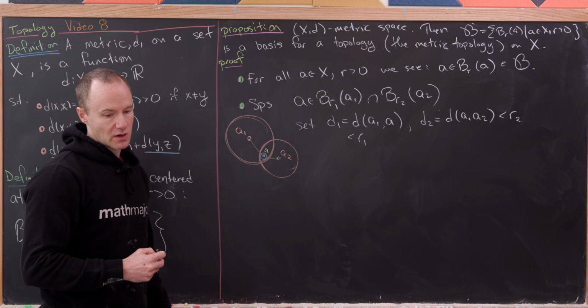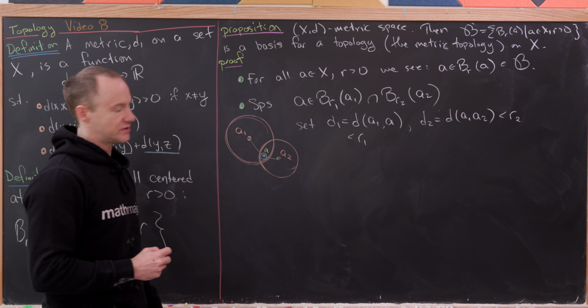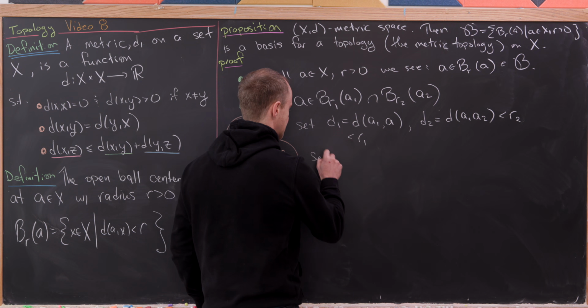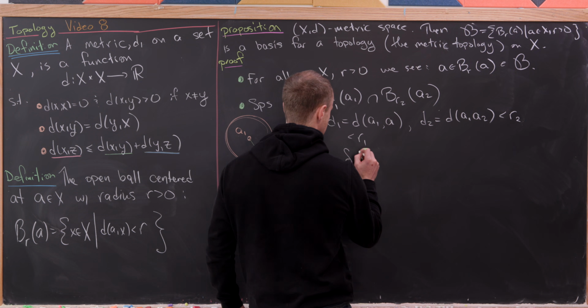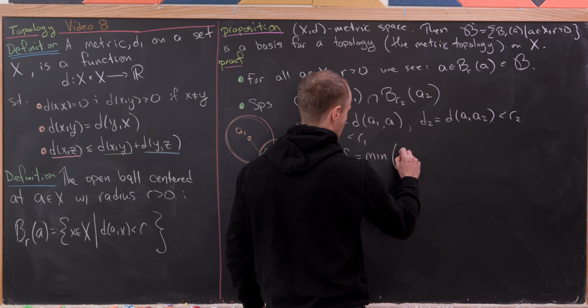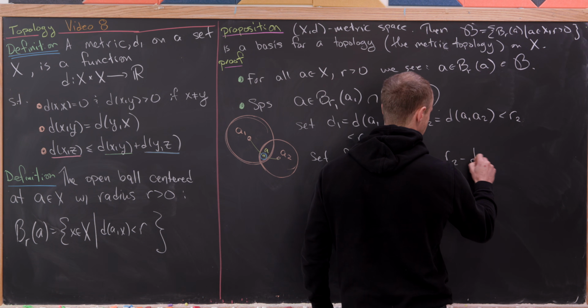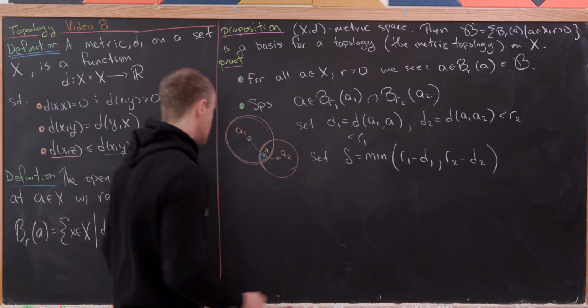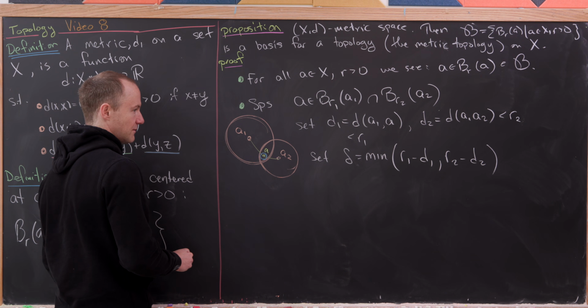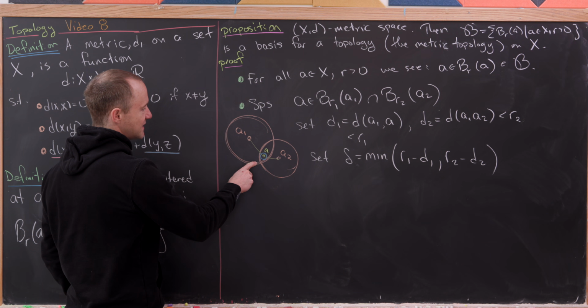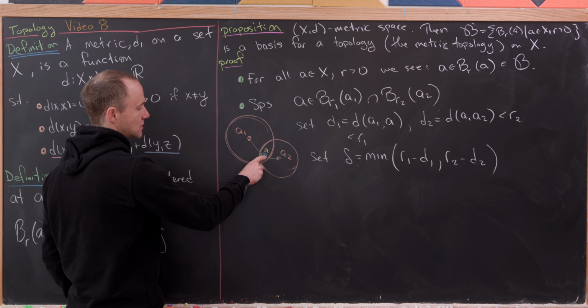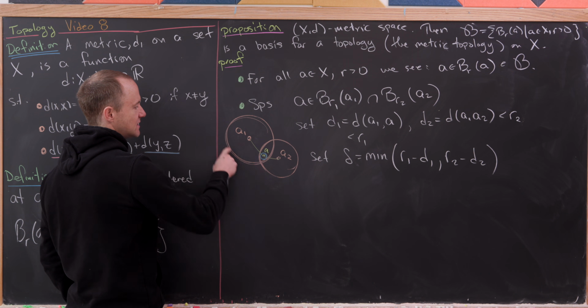Okay, so next up what we'll do is set delta equal to the minimum of R1 minus D1 and R2 minus D2. So let's see, what is R1 minus D1? Well, that's going to be the distance from A to the edge of this maybe upper left circle.